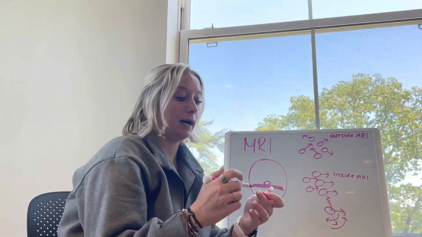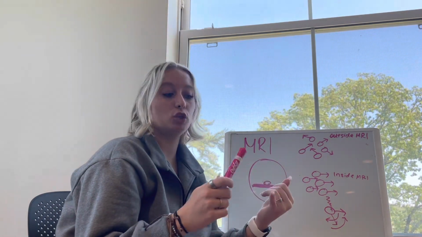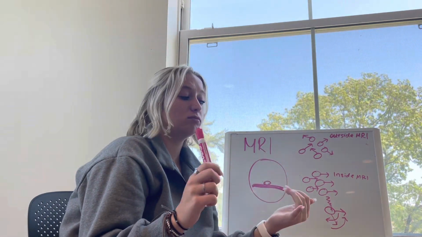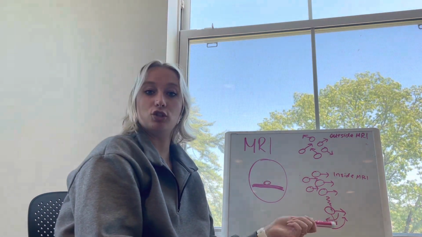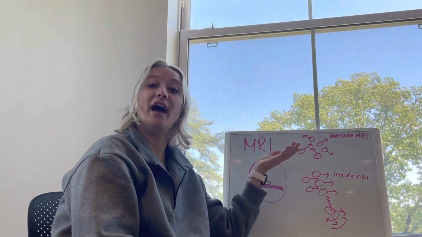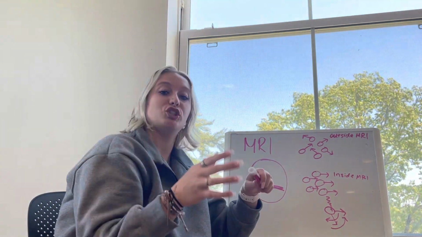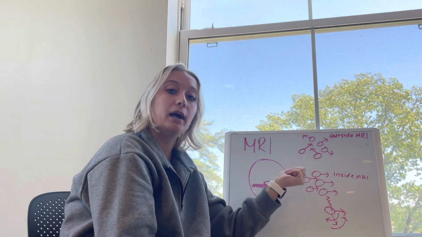And with an MRI, you can do it however many times you want, because it deals with no radiation or anything like that, so it can be done frequently. This allows you to see any muscle issues. Like in our example of HFrEF, where we have an issue with our muscle becoming too flaccid and too big, you can see that in an MRI compared to what a normal left ventricle should look like.